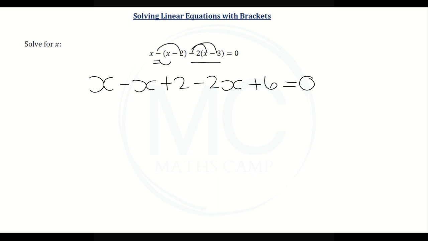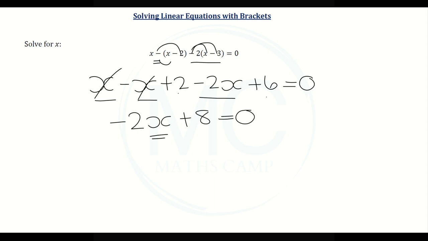Now we can add like terms. x minus x is 0, so these two cancel. Then we have negative 2x. Let's say negative 2x. 2 plus 6 is 8, so we say plus 8. And we make this equal to 0. Now remember that x must always be positive. So let's move negative 2x to the right side.